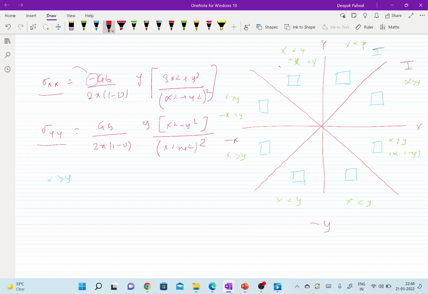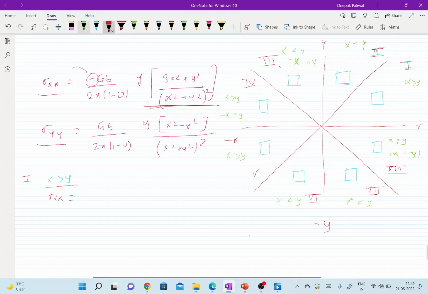This is first, this is second, this is third, this is fourth, this is five, this is six, this is seven, this is eight. Okay, so now we are talking about the first one. Here x is greater than y. Look at the sigma xx equation, sigma xx for x greater than y. This term will be positive and it has a negative sign, so it will be negative only.